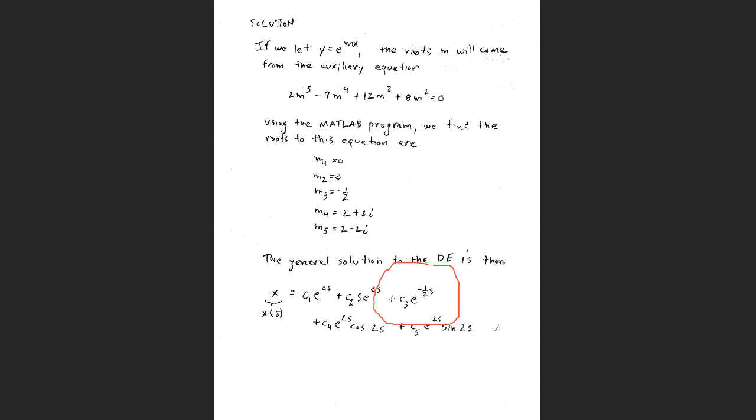So look at my solution here. e to the 0s, which is equal to 1, by the way, plus C2 times s times e to the 0s power. So I have to insert the s here because I have a repeated root. And then this whole thing is just going to be s times 1, which is just s.